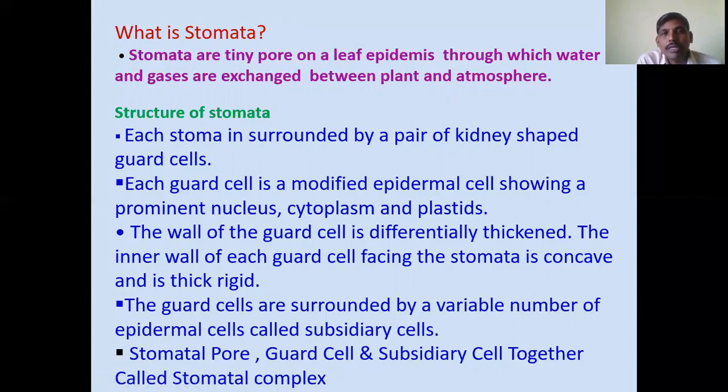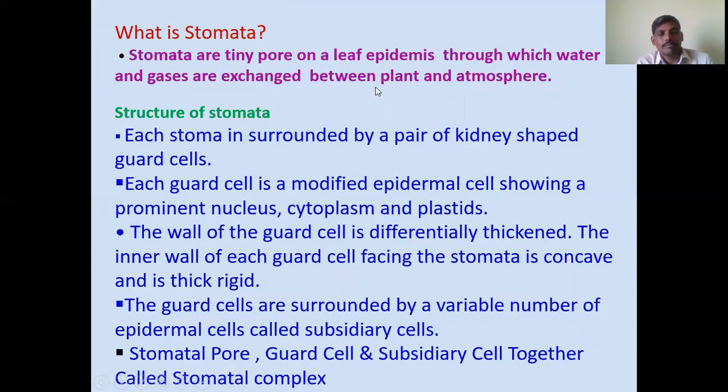Not only gas exchange, it also plays an important role in the regulation of transpiration. One of the physiological functions, transpiration, occurs through stomata, which are present in the leaf epidermis and also in young herbaceous stems.